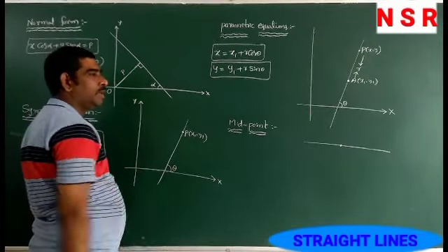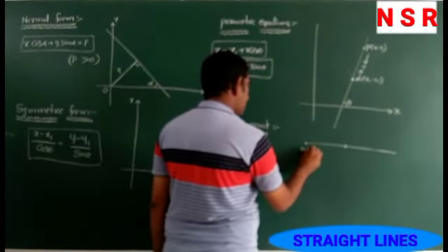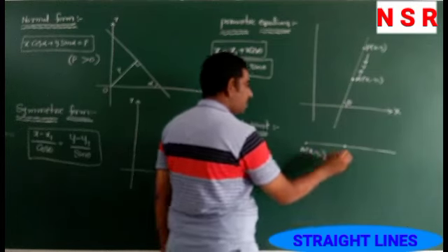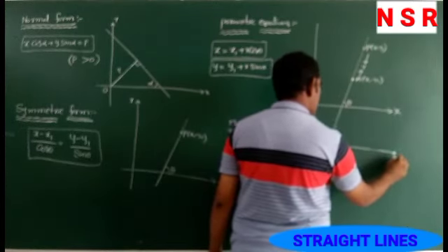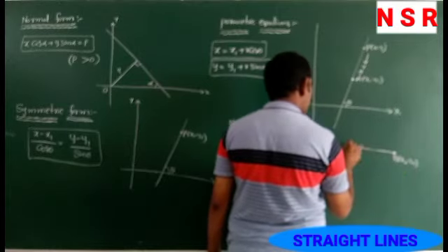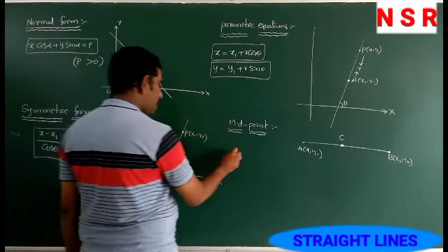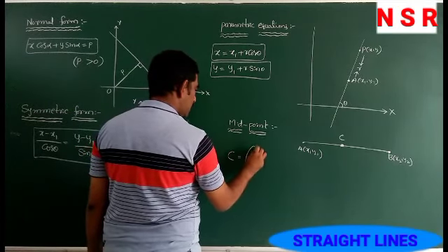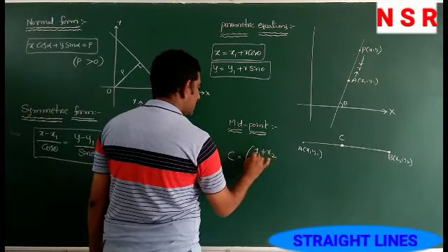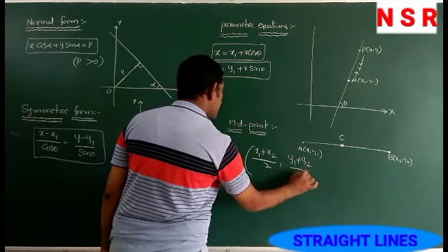Next, the midpoint. Suppose A (x1, y1) and B (x2, y2) are two points on a line. If you want to find the midpoint of these two points, suppose that is C. The midpoint is ((x1 plus x2) by 2, (y1 plus y2) by 2).